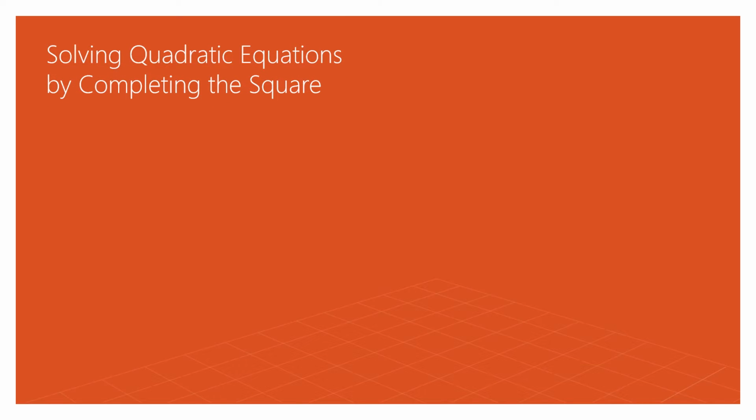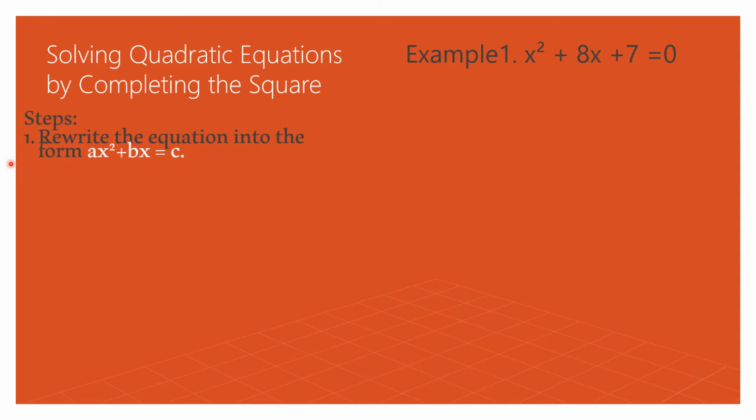Now, paano ba tayo mag-solve ng quadratic equation using completing the square? Okay, so mayroon akong example dito. X squared plus 8x plus 7 is equal to 0. And what are the steps? Una, rewrite the equation into the form ax squared plus bx is equal to c.